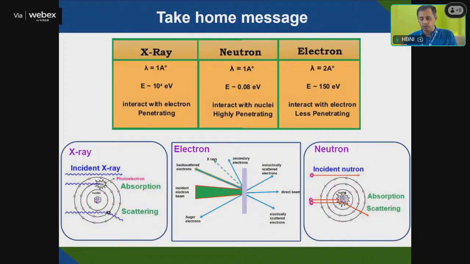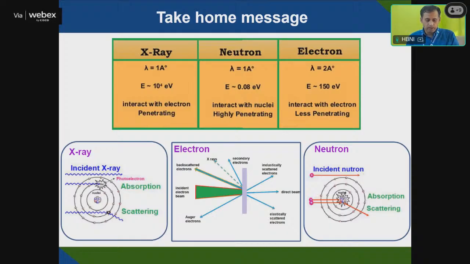Because of that, you will be able to get secondary electrons or backscattered electrons. How secondary and backscattered electrons are used in SEM, you will study when you go for electron microscopy, and how the transmitted ones are used for TEM. And in the case of photoelectrons, they produce XPS or Auger electron spectroscopy, which we'll discuss.